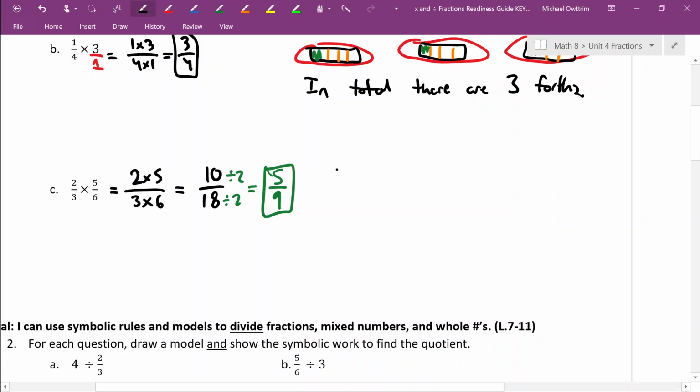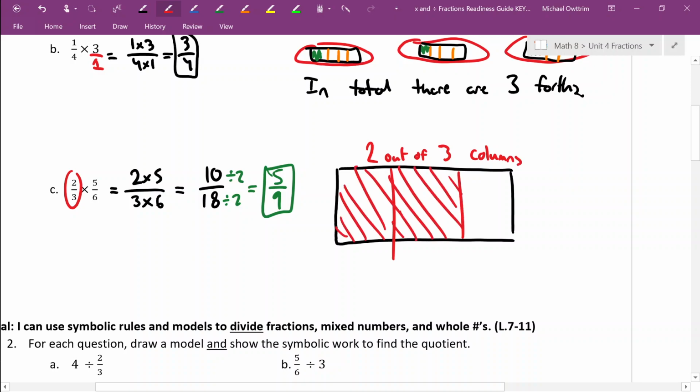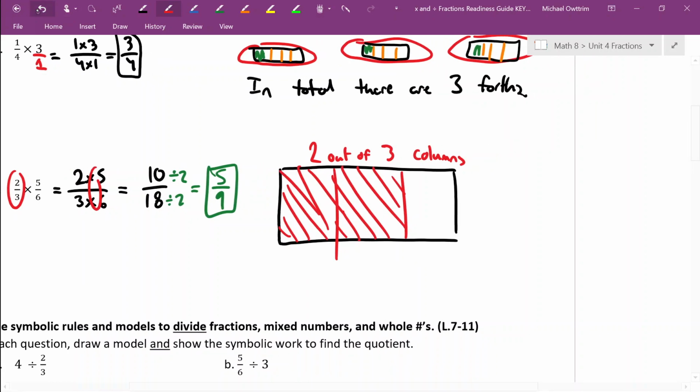If I want to model this, what I need to do is represent 1 whole. And I'm going to represent one of these as the columns. So I'll do 2 out of 3 columns. There's my 2 out of 3 columns. And then my other fraction will be rows.